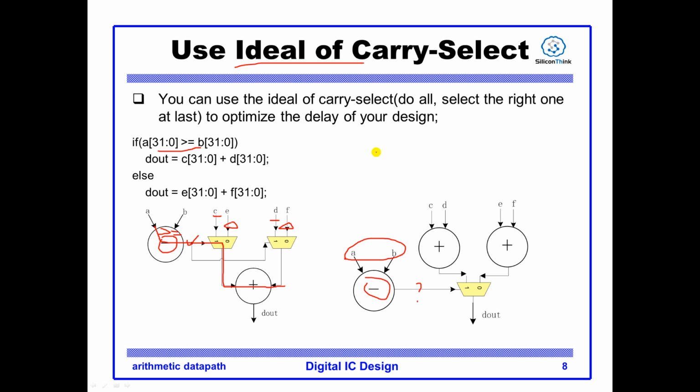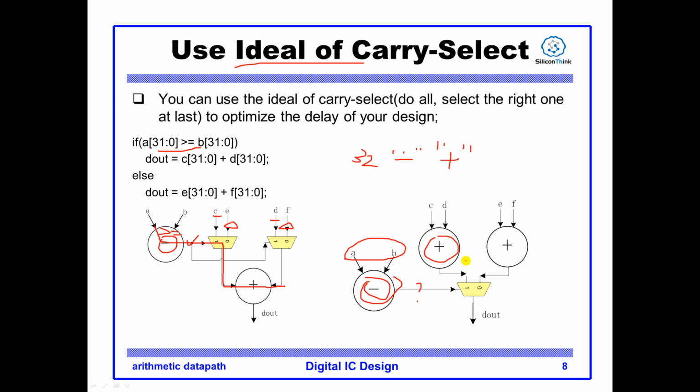There is an assumption. This 32-bit sub function usually has the same delay, or linearly the same delay, as the AND function. So the delay of this part usually is balanced with the delay of this part if they are the same bit width.